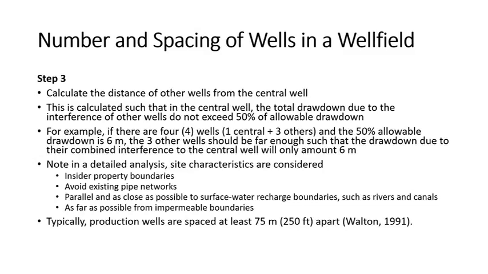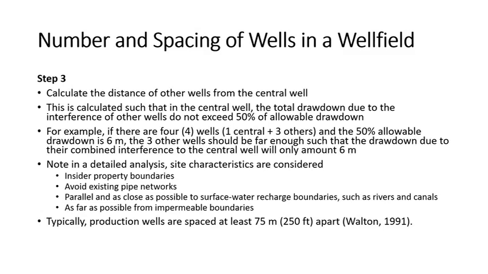Step 3 is to calculate the distance or the spacing of the wells from each other. What we do here is we start with the central well. The central well will always have the biggest drawdown. This is because it has a lot of other wells on its periphery.